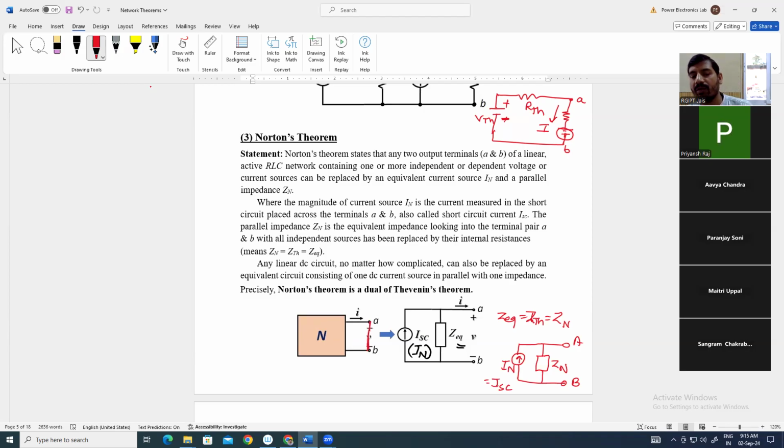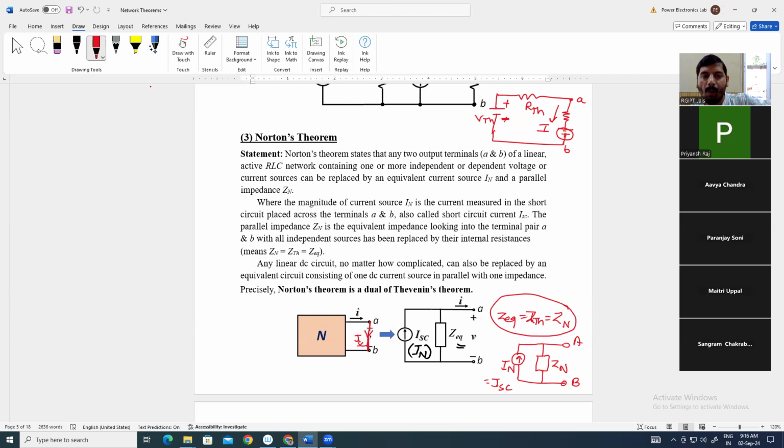Means you will connect a simple wire between these two terminals and you have to calculate this short circuit current, ISC. This is the simple procedure. Okay, the only change is, in place of VTH, we have to evaluate the short circuit current. The procedure of evaluating Z equivalent or ZTH or Zn is the same, means all are equal.